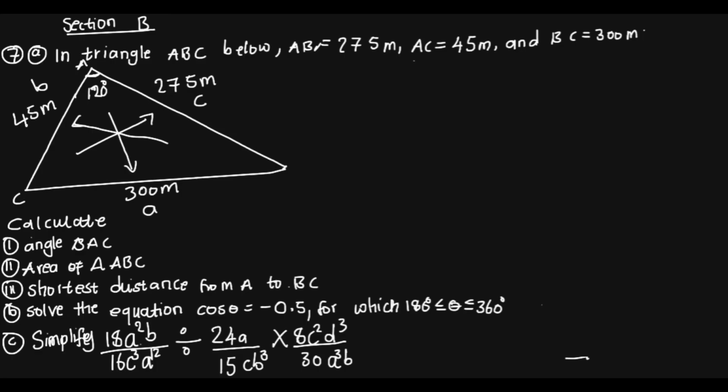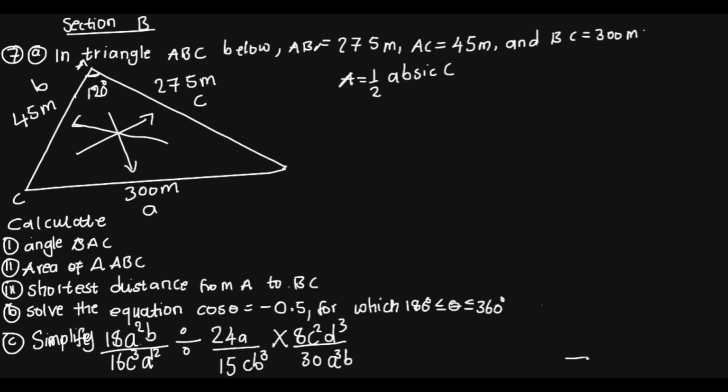So the formula for area is half ab sin C. Now we need to be careful. Since we are given all three distances, we need to look at the two distances that we are going to use.